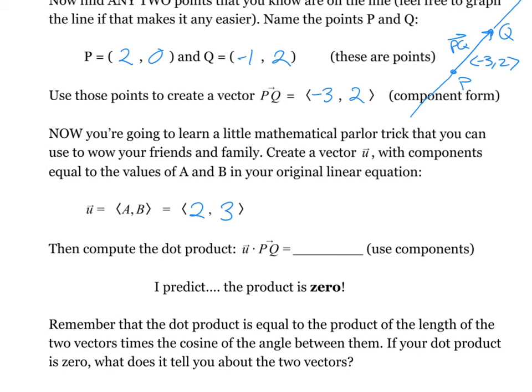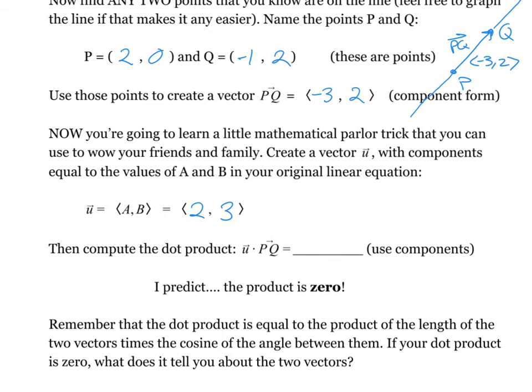So now, this is kind of arbitrary. I've created a vector, u, from those coefficients in the linear equation. And now we're just going to try something. We're going to take this vector and we're going to take its dot product with PQ to see what we get.